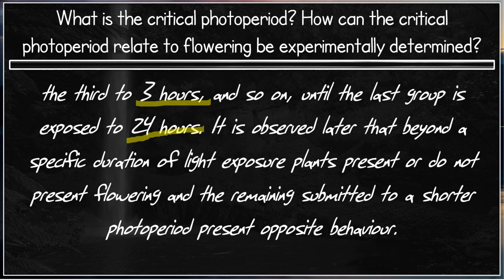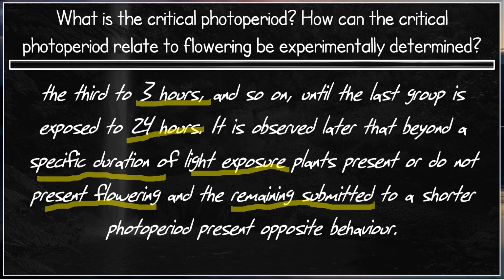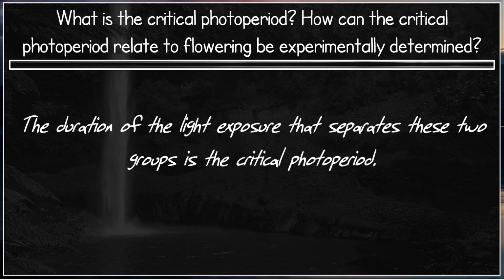It is observed later that beyond a specific duration of light exposure, plants present or do not present flowering, and the remaining, submitted to the shorter photoperiod, present opposite behavior. The duration of light exposure that separates these two groups is the critical photoperiod.